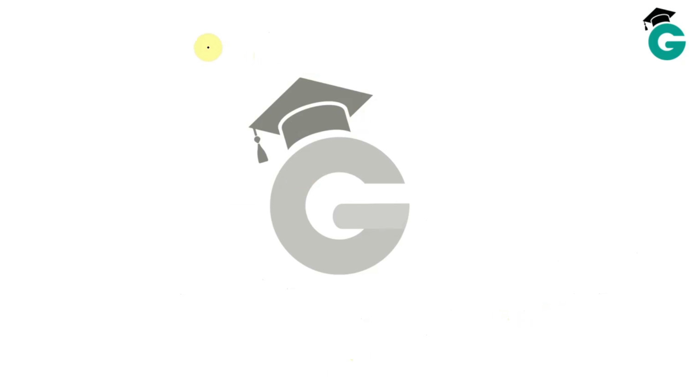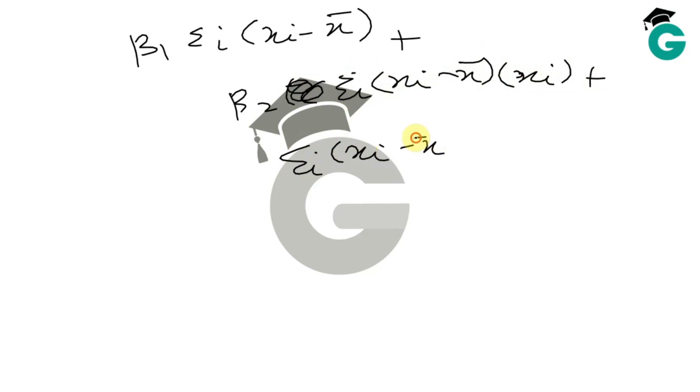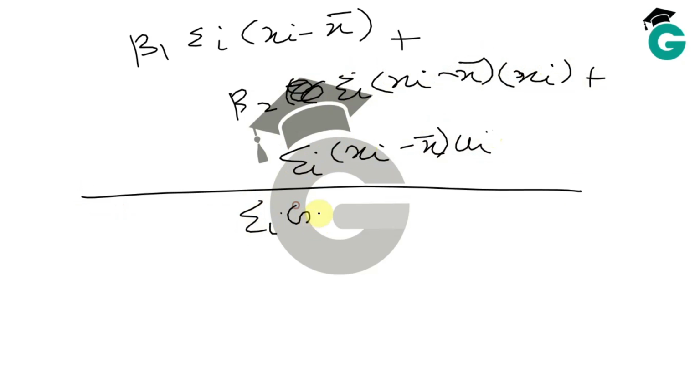Okay, so I can write this then as summation i xi minus x bar into, this is beta 1 summation i xi minus x bar plus beta 2 summation i xi minus x bar into xi plus summation i xi minus x bar ui, right, over summation i xi minus x bar whole square, right? Okay, so you know that this term becomes 0, right?